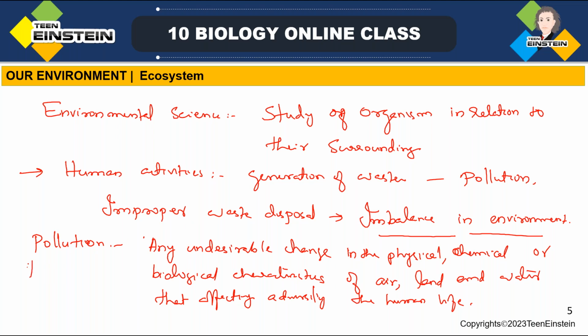That is called a pollutant. Examples of pollutants: sulfur dioxide, carbon monoxide, mercury, lead, and plastic waste. All these we can say are pollutants.